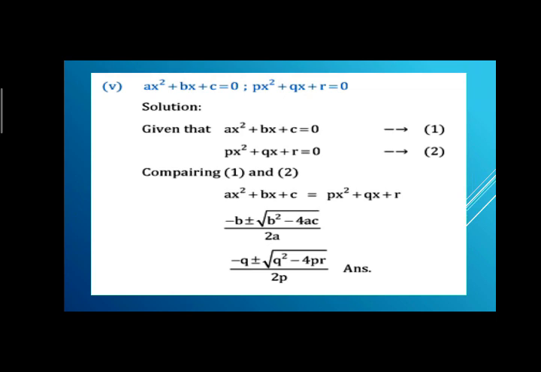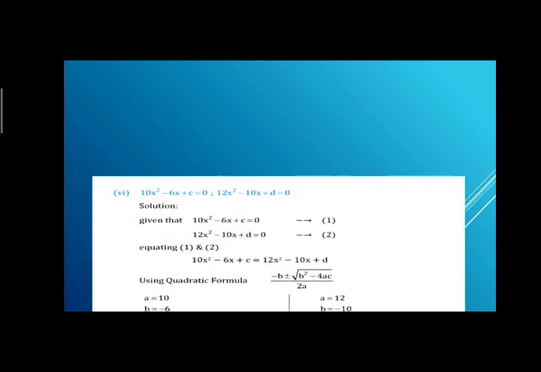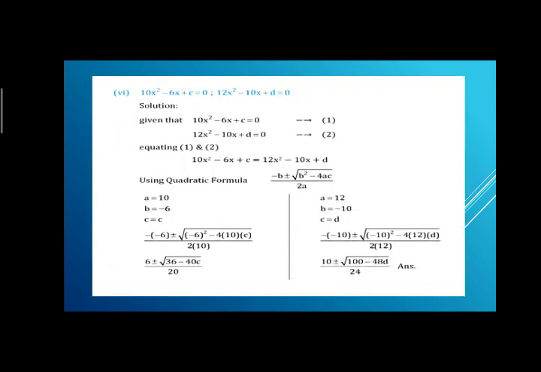Similarly, for part 6, here we have another question related to the same method, that is 10x square minus 6x plus c is equal to 0, and the second equation, 12x square minus 10x plus d is equal to 0. Now naming both of these equations as equation number 1 and 2, and equating both the equations, we have 10x square minus 6x plus c is equal to 12x square minus 10x plus d.